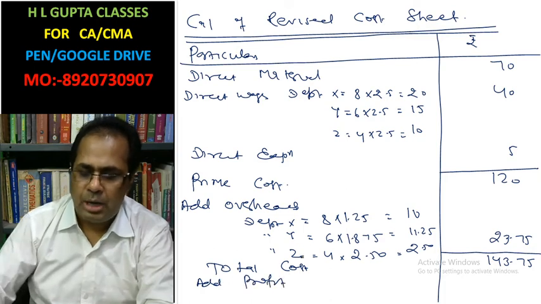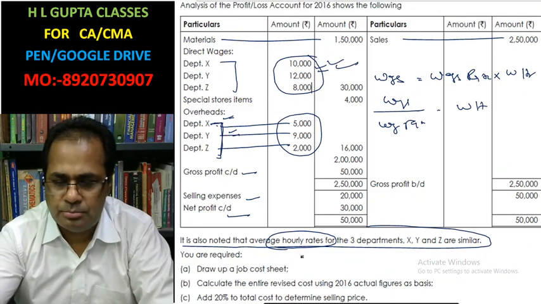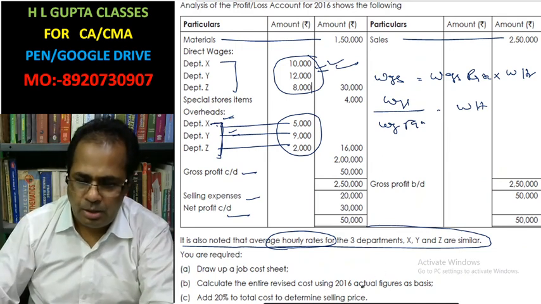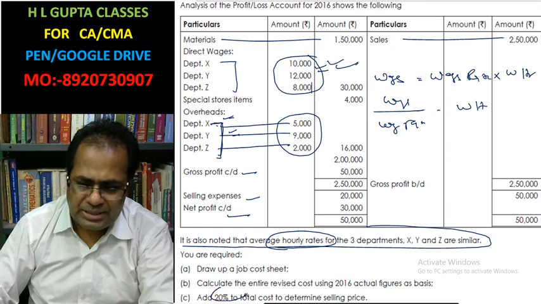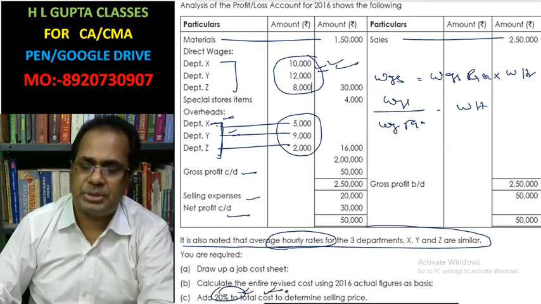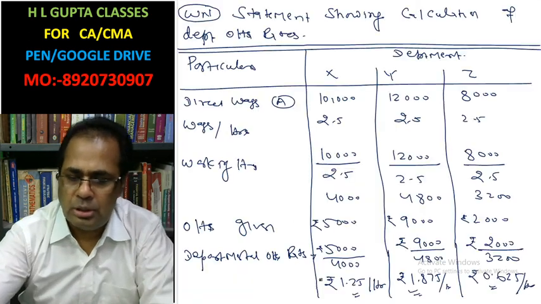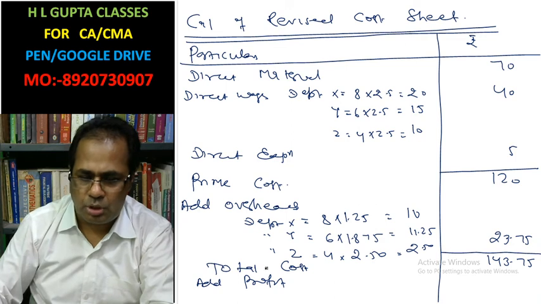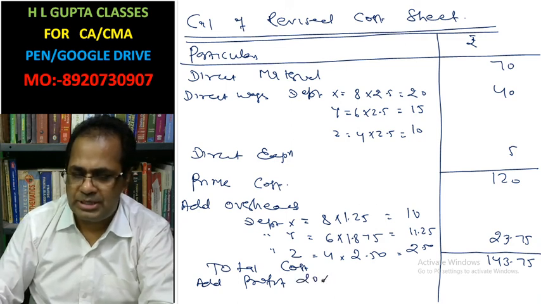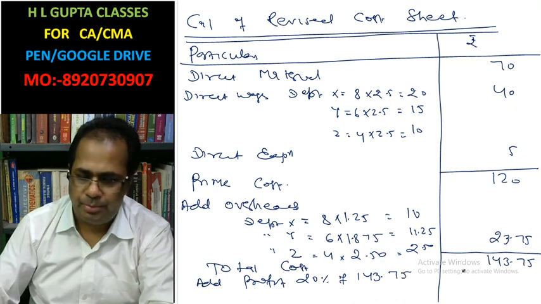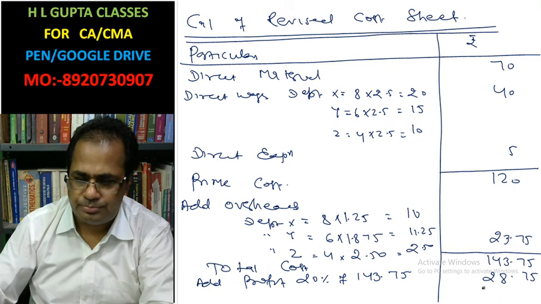Now add profit. Look at how much profit you have to add here. The question says to add 20% profit on the total cost. 20% of 143.75 is 28.75.